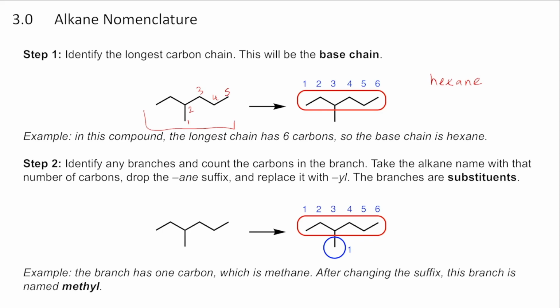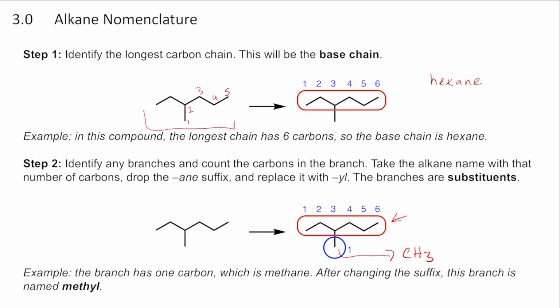So in this case, we have our base chain right here, which is circled in red, and we have one thing attached to that base chain, which is a single carbon attached on carbon 3, and that carbon, it's a CH3. Right? This is a bond line structure, so that would be a CH3 attached at that point in the chain.